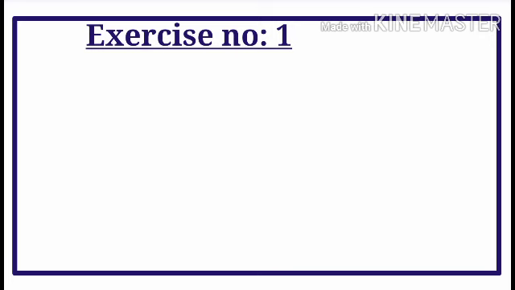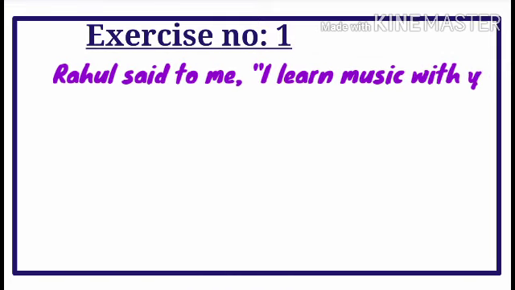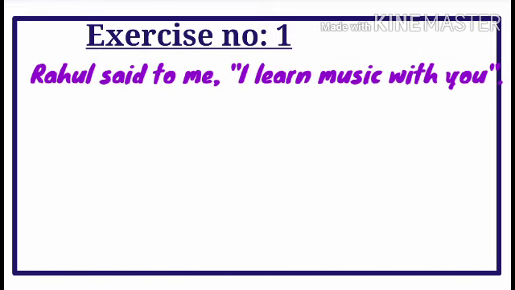Let's solve an example here. Let's start with a simple present tense. Rahul said to me, quotation, I learn music with you. So it is in direct speech. Let us follow all the 6 steps.